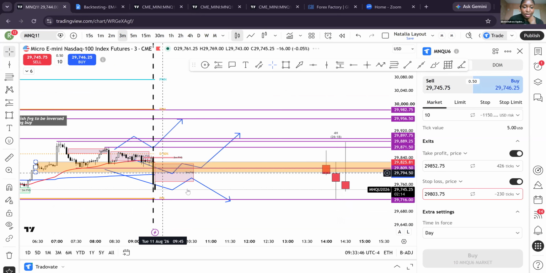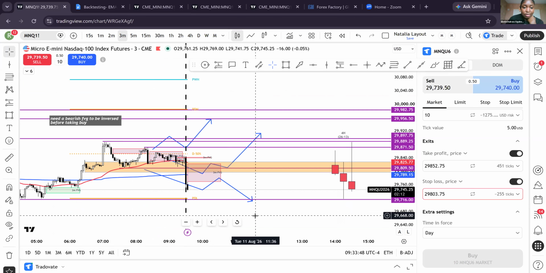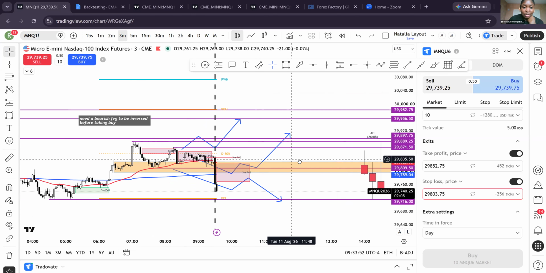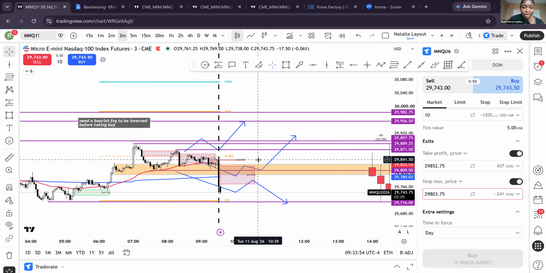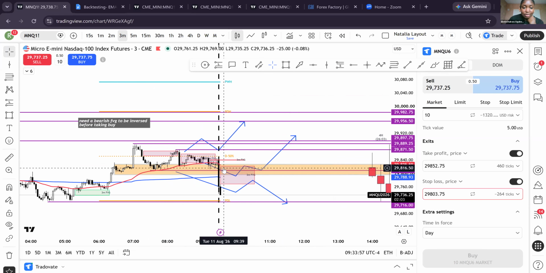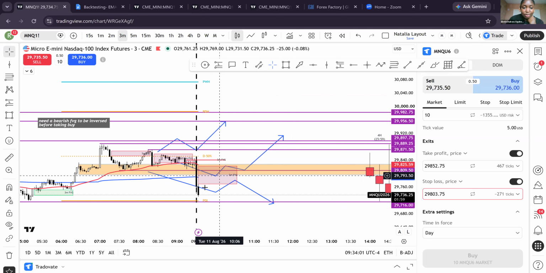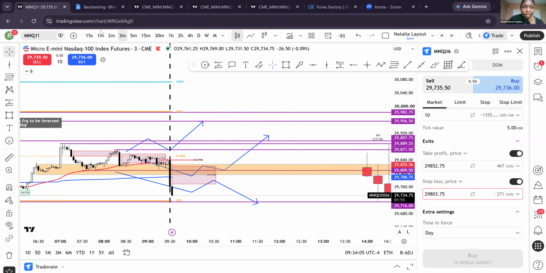I'm in no rush. We are just gonna wait. We are in no rush to take a trade unless it makes sense. And ideally, I would like... I might just go here and see. Look at that.